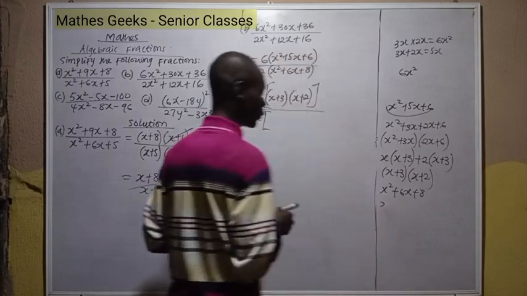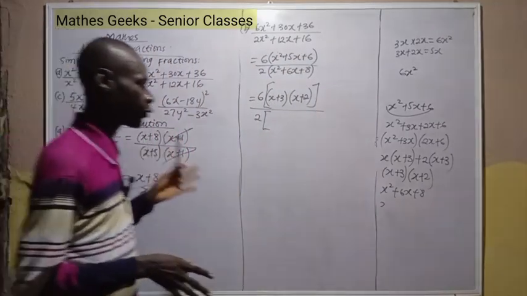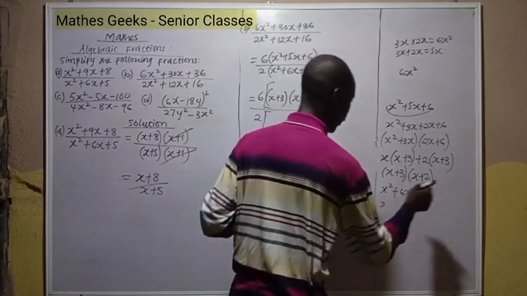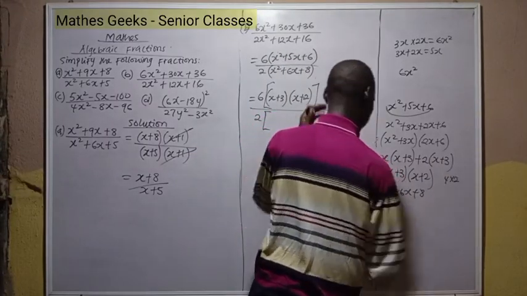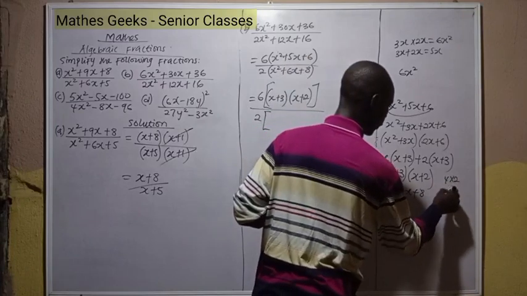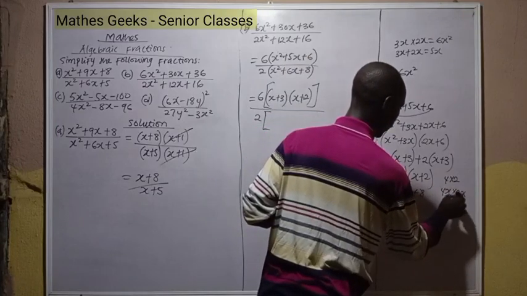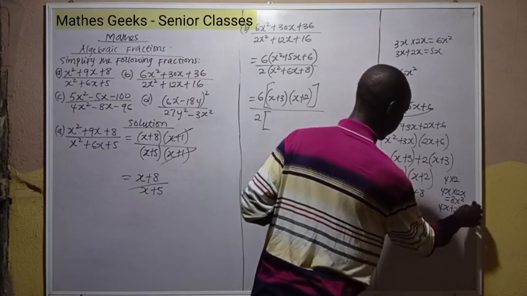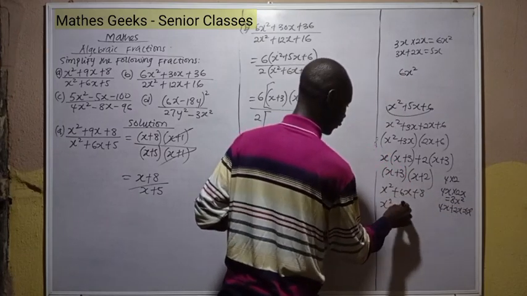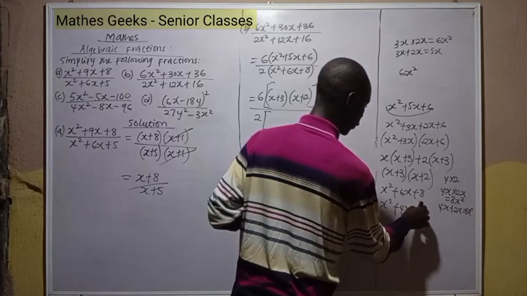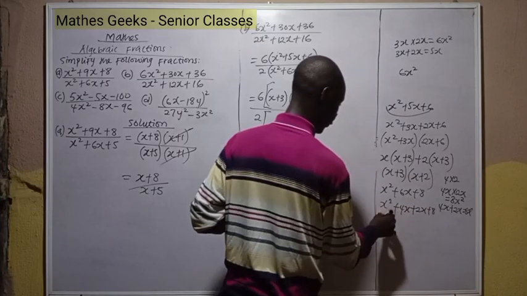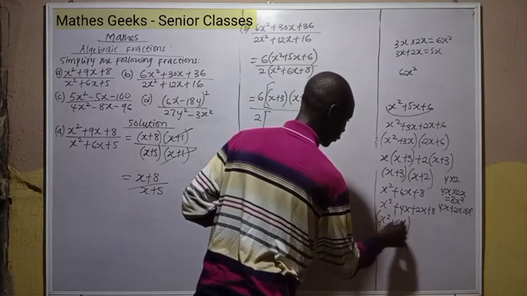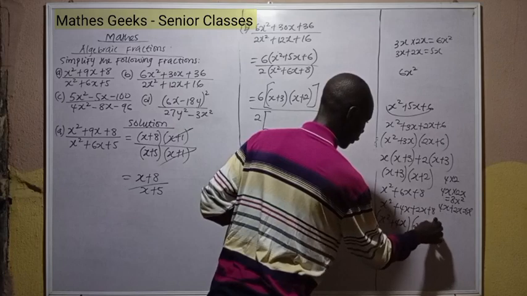So we need two numbers that when multiplied will give us 8, and when added will give us 6x. We have 4 times 2 to give us 8. So 4x times 2x will give us 8x squared, and 4x plus 2x will give us 6x. So x squared plus 4x plus 2x plus 8, which is x squared plus 4x and 2x plus 8.